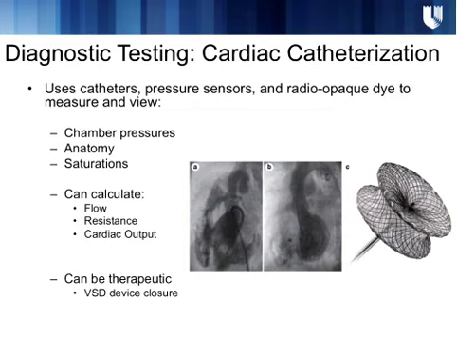And with this information, we can calculate flows through different chambers and outflow tracts, resistances, and overall cardiac output, as well as amount of pulmonary blood flow. As depicted in the image on the right, this can also be a therapeutic intervention as well as a diagnostic test. These are performed by cardiologists.